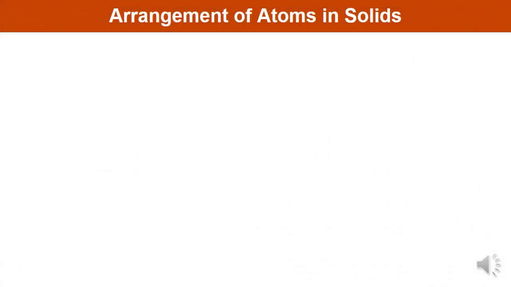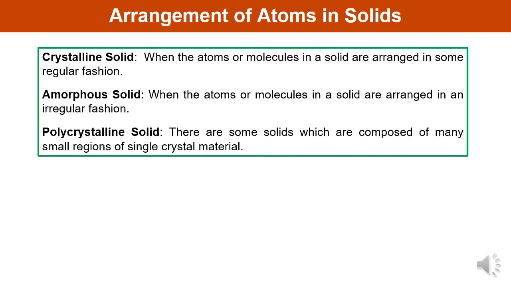you have to understand the arrangement of atoms in solids. You need to understand three terms very well: crystalline solid, amorphous solid and polycrystalline solid. What are these terms? Let us start with crystalline solid.